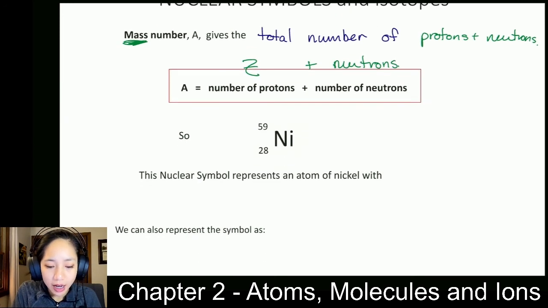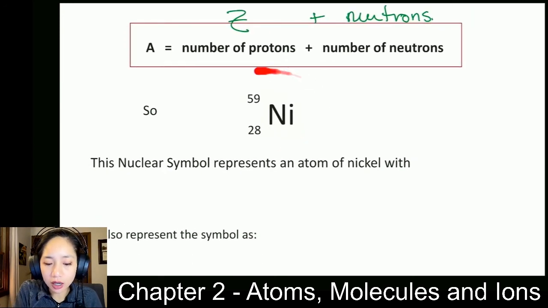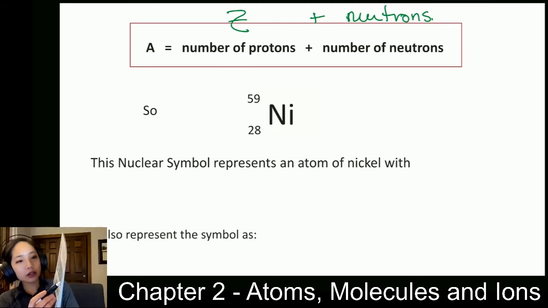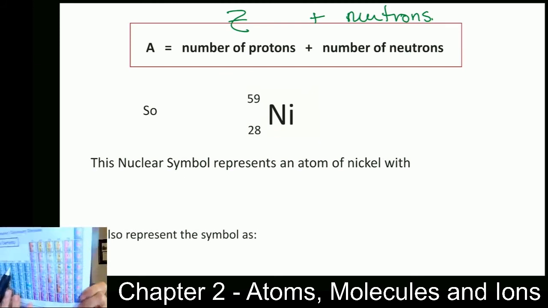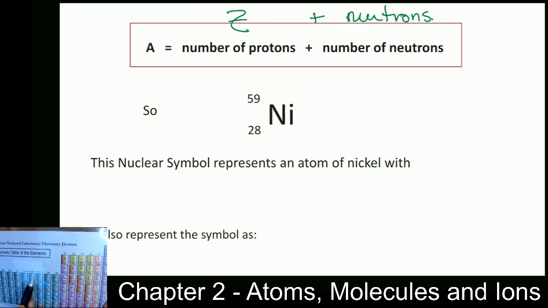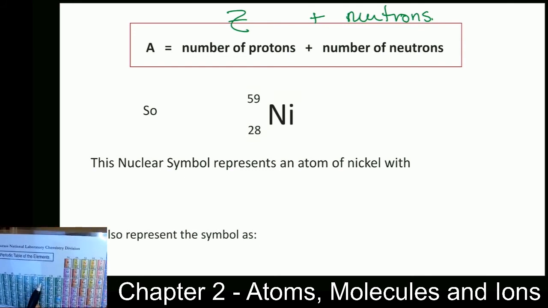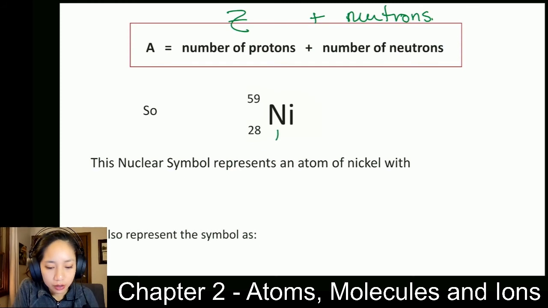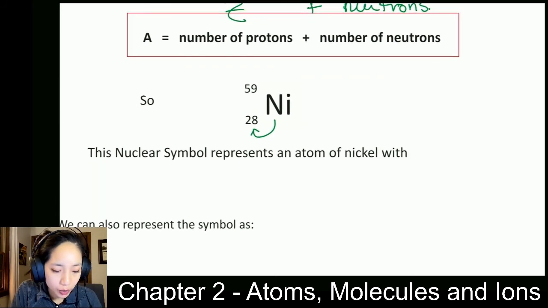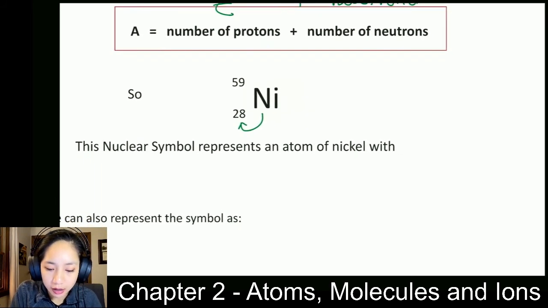All right. Here is an example of a nuclear symbol for nickel. Nickel, here on the periodic table next to copper, has an atomic number of 28. So nickel has 28 protons. The nuclear symbol here is an atom of nickel with 28 protons.